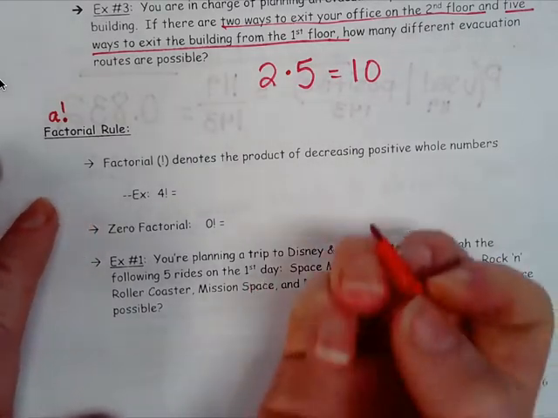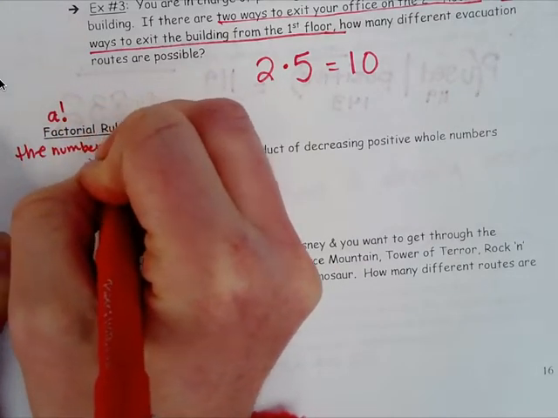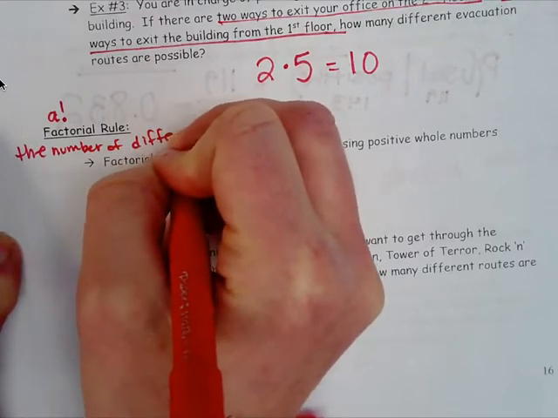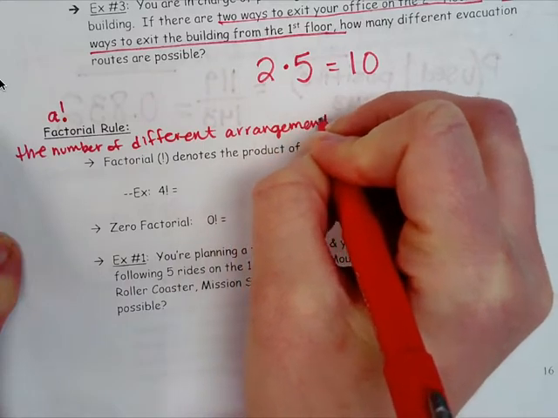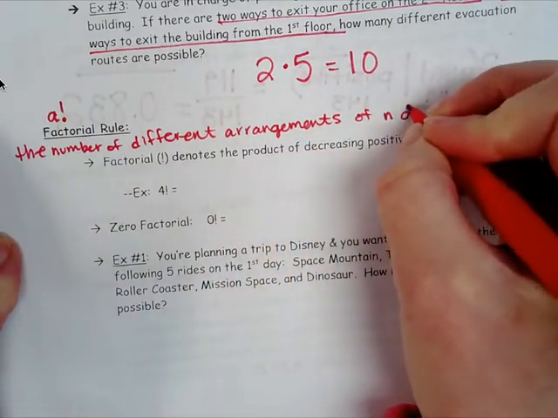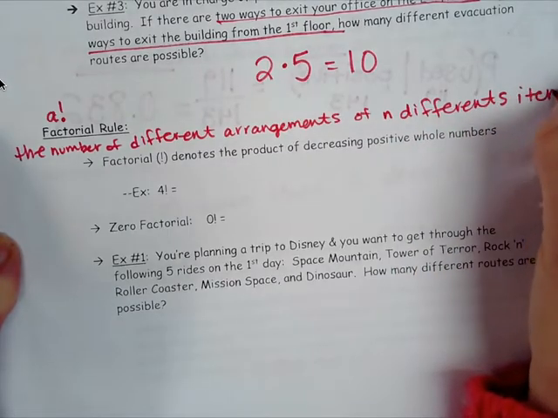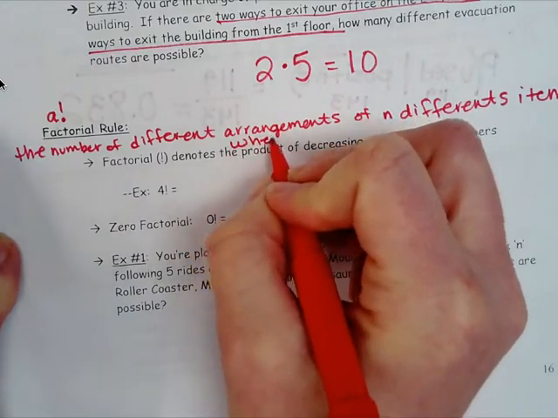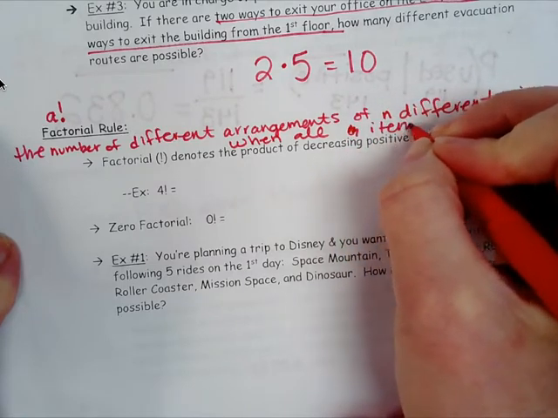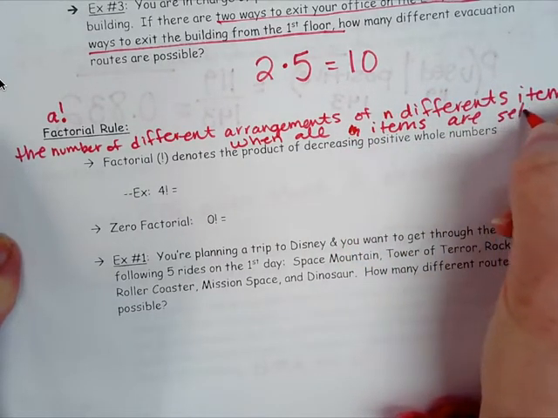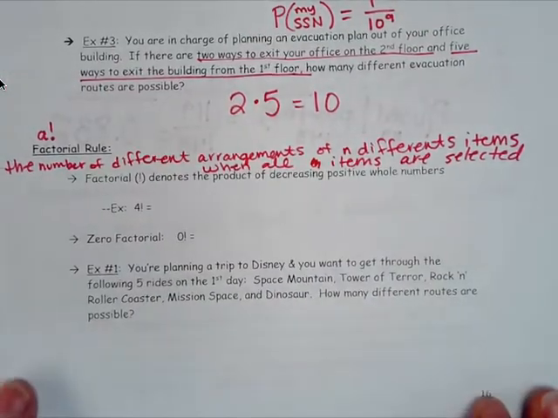So it is the number of different arrangements of different items when all items are selected. So it's finding out how many different arrangements there are.